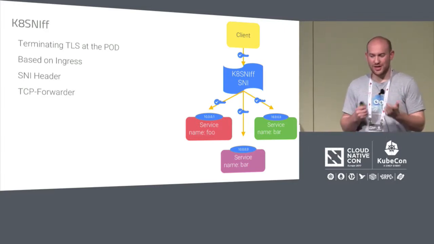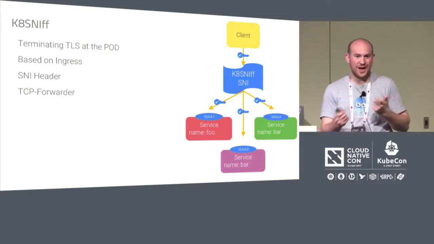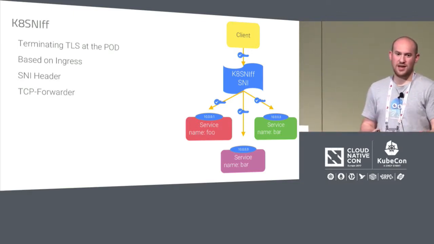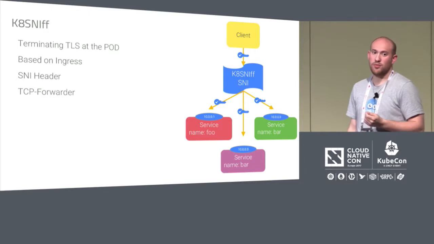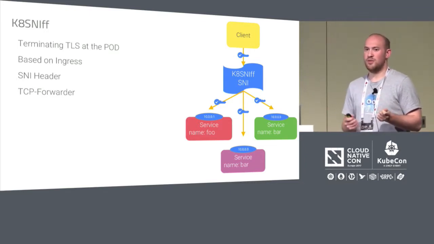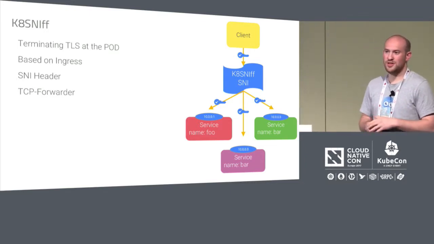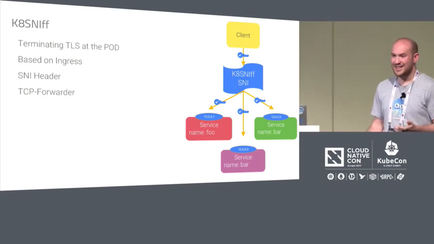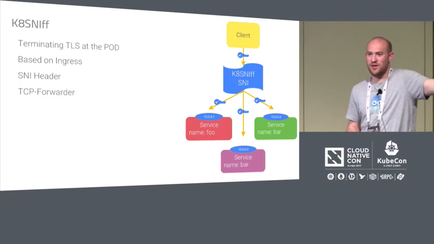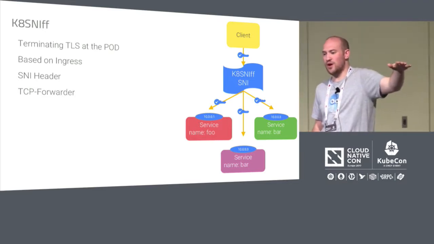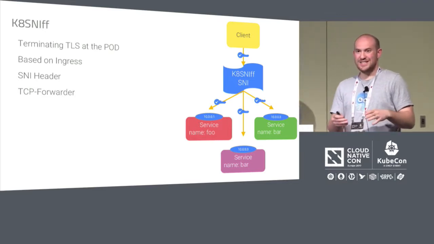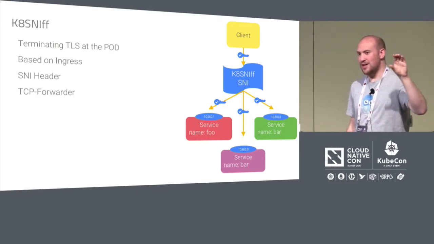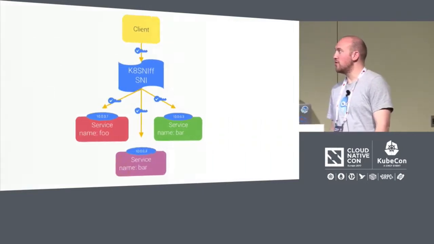And if you want to utilize those things, but you don't have something like K8SNIff available, you start running into problems really quickly, and you have to start doing some magic, pushing things around to different port numbers, and that's just not fun. So this really allows you to leverage the power of SNI and leverage the power of ingress without having to deal with doing that TLS offloading at the point of ingress.